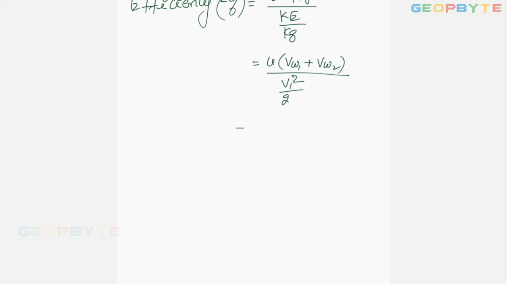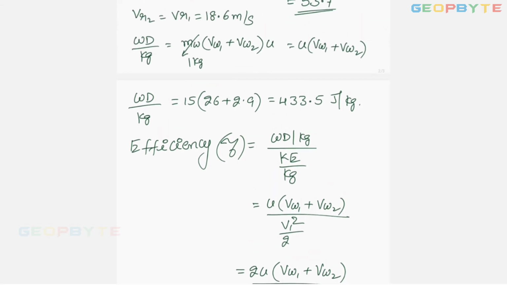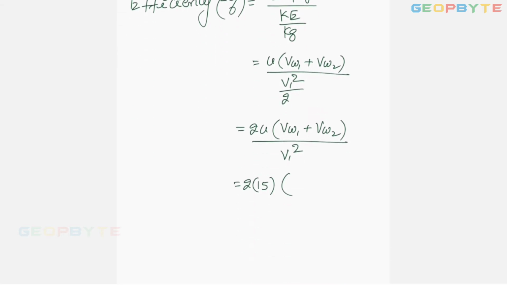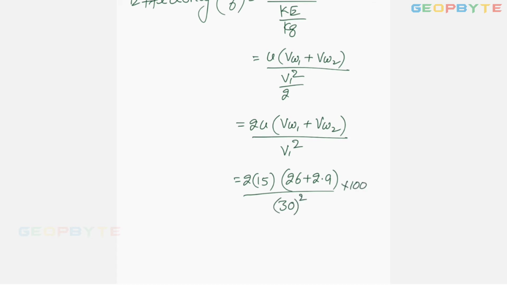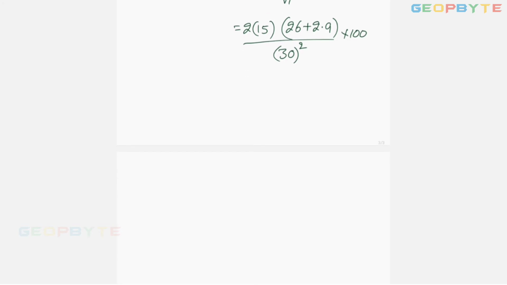Finally it is 2U into VW1 plus VW2 by V1 square. 2 into 15 into VW1, I think it is 26 plus 2.9, divided by 30 whole square, multiply with 100 for getting it in percentage.